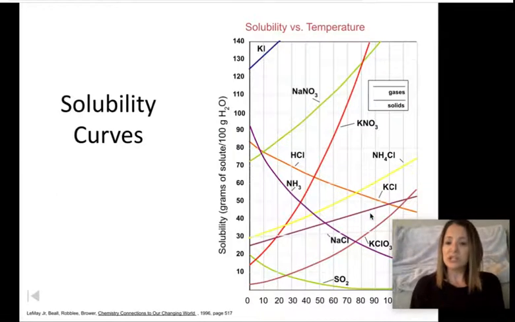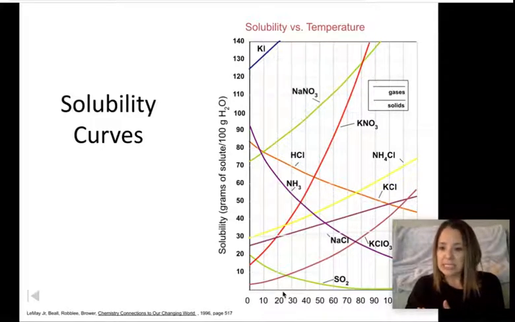So again, let's just recall, here's our solubility curve. With most substances, as you increase temperature, you will increase the amount at which something will dissolve. So if we take a look at, let's say, sodium nitrate at the top here.